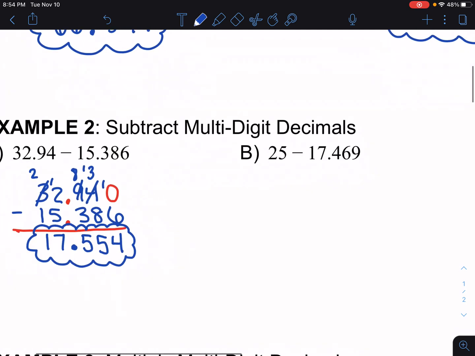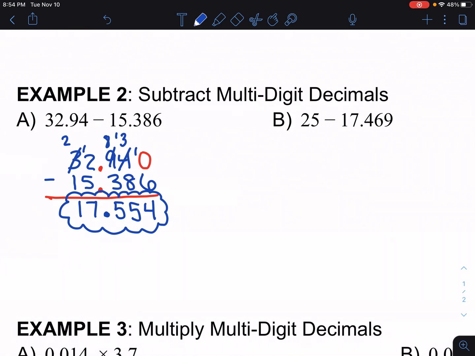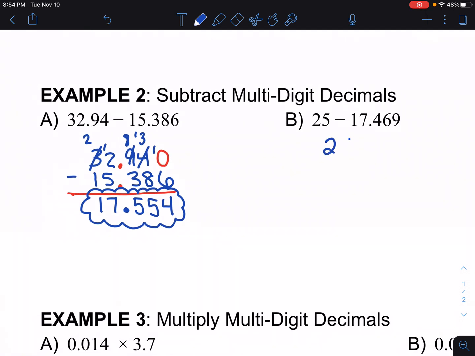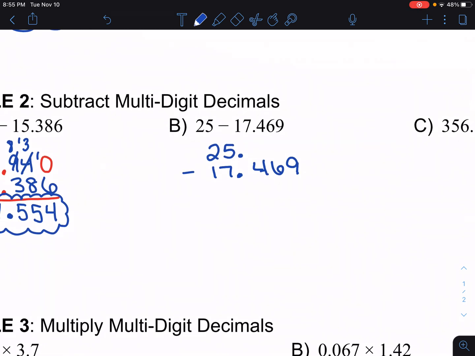Part B is just slightly different. Part B, I've got a whole number, so 25, and my decimal is going to be at the end, minus 17.469. When I've got this whole number that doesn't have a decimal at the end, I can add a decimal, and in this case, I'm going to have 3 placeholder zeros.